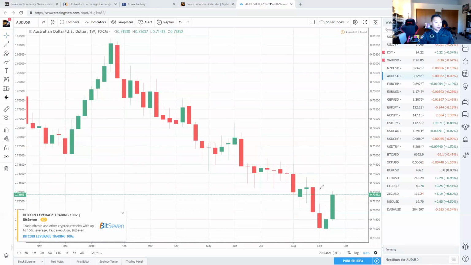Let's see here. Australia, I'm expecting the Australian dollar to target and close above 73 cents. Then the initial target would be to close at 74 cents here to break all the structure.